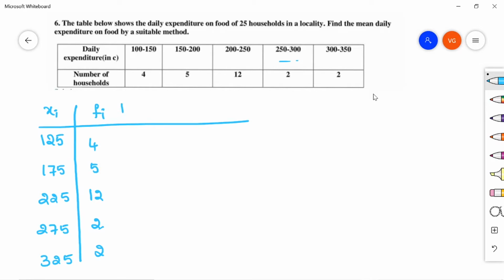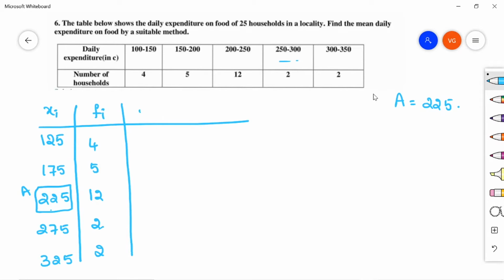Now you have to choose the value of the assumed mean A, which is nothing but an average. So you take the middle one of the xi data entries. So A is equal to 225, I am taking here.